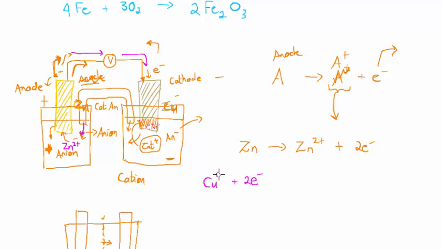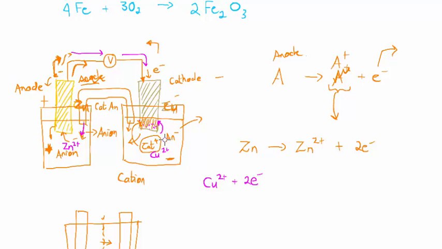So we have copper 2 ions in the solution, and they are now being attracted to the copper electrode, which is now called the cathode.